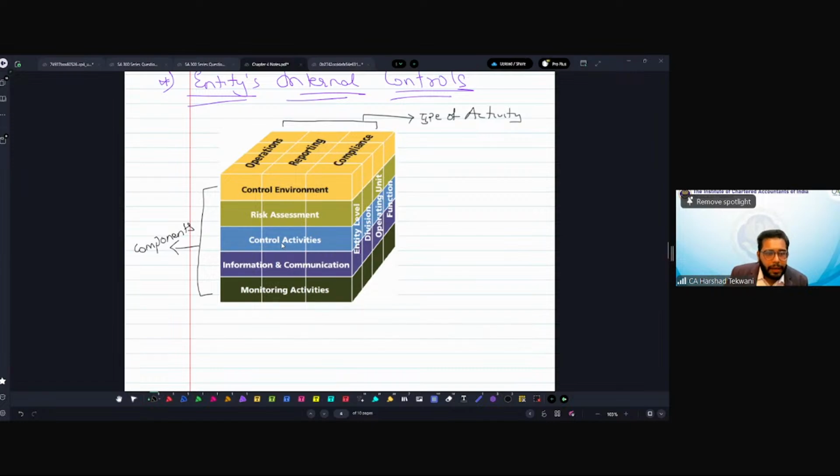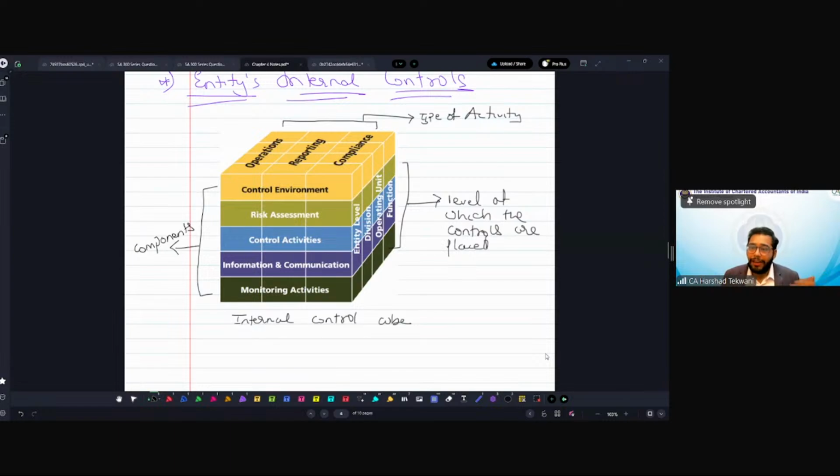And this is nothing but the level at which the controls are operating, are placed. Okay. So if I combine all these things, I'll get an internal control cube, or the 3-dimensional aspect of the internal control, that is sometimes what it is called.